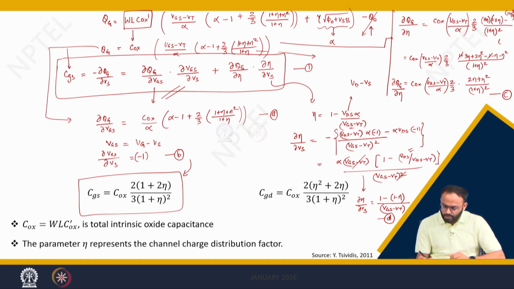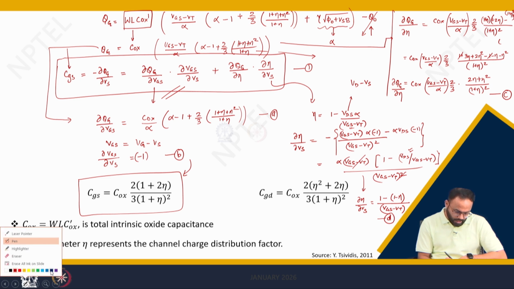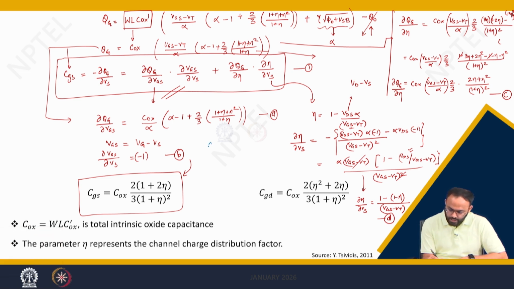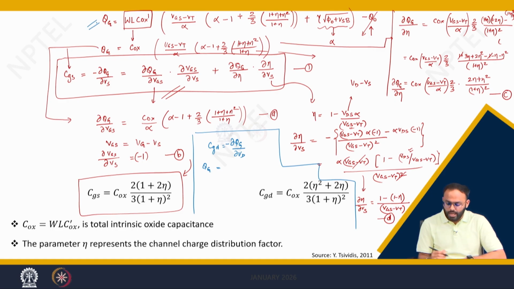In a similar way, you can find the expression for CGD. So if you are going to calculate CGD, this is nothing but delta Qg divided by delta Vd with a negative sign. Now again you can simply use the Qg equation we have used here, and instead of differentiating with respect to source, you can rewrite delta Qg by delta Vd as delta Qg divided by delta eta into delta eta by delta Vd, right?